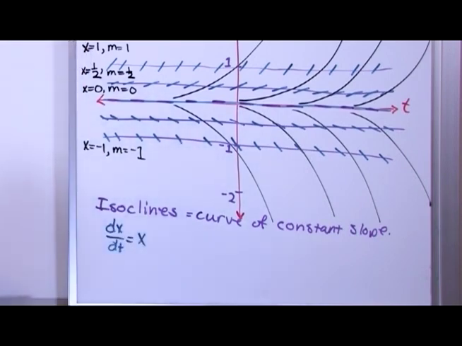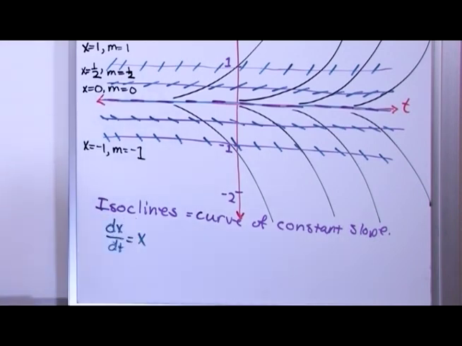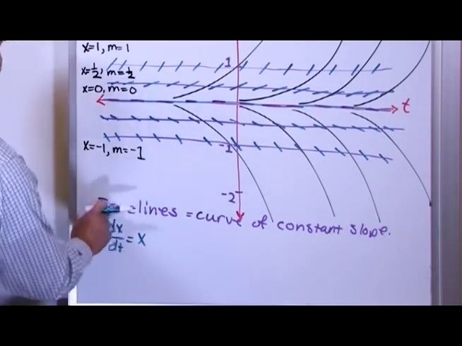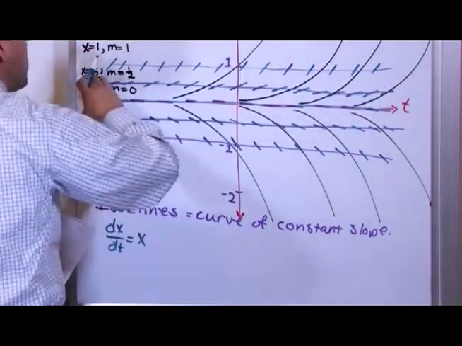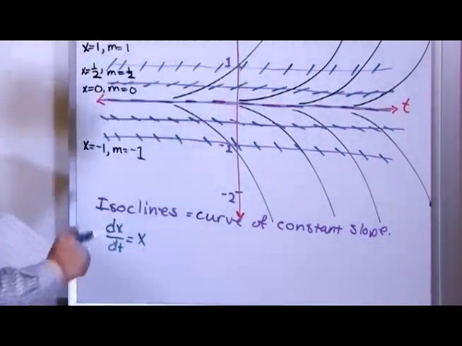And we used some deductive reasoning to pick different values of x and figure out what the slope was. Really, in order to have a bulletproof way of finding these isoclines, you're going to set the slope equal to a constant, because we want to find these lines where the slope is constant so we can draw them, so we can draw the black lines in between them.